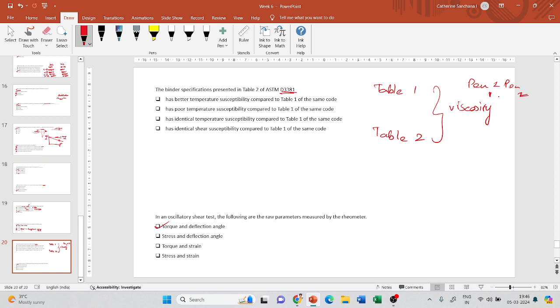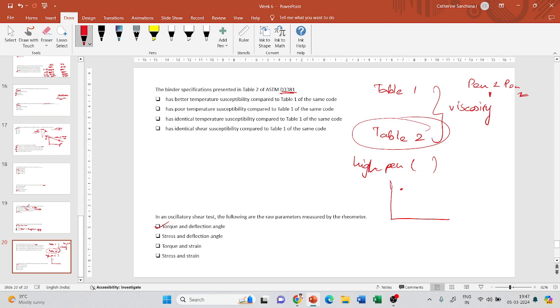So what do you want a good bitumen to have? It should have high penetration at low temperatures, right? This is what table 2 has: for the same viscosity, it has high penetration at low temperatures. So let us convert this penetration to viscosity.